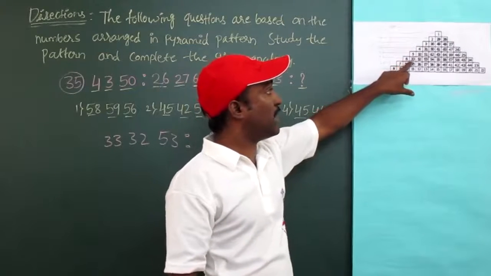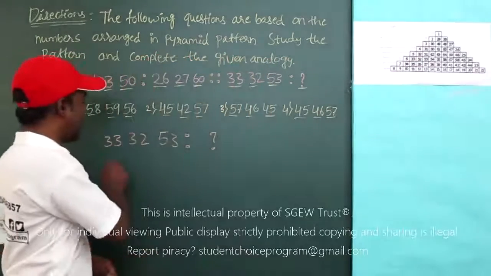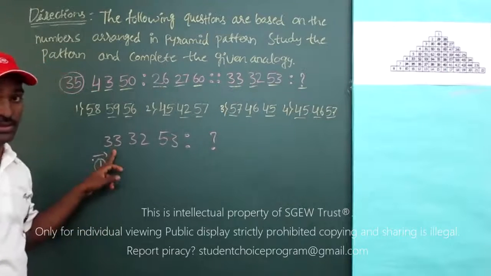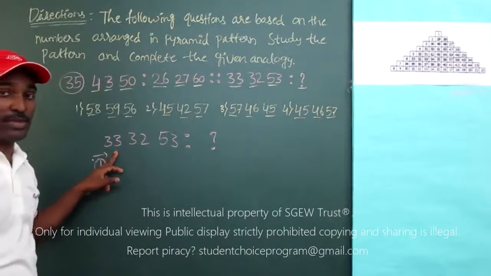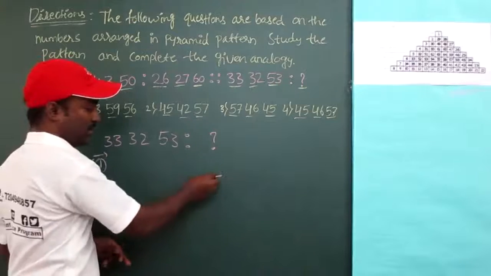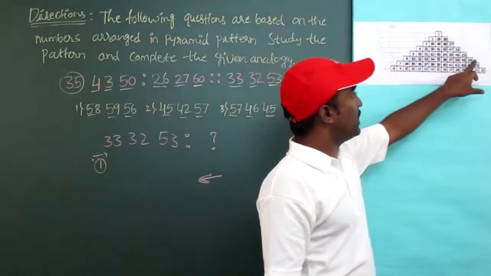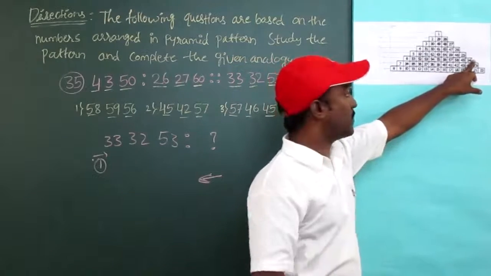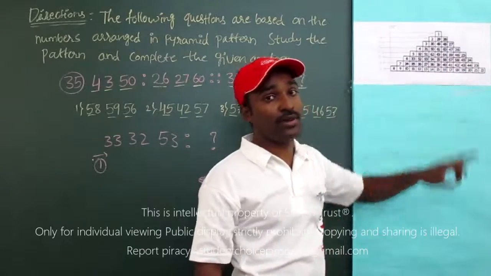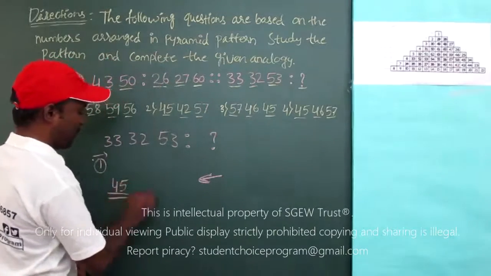So I have left only one number before 33. The same can be done from the other direction. Going through the third row, I have to leave one number from this direction, so I leave this 24. After 24, I am having 45. And 45 will be my first missing number.